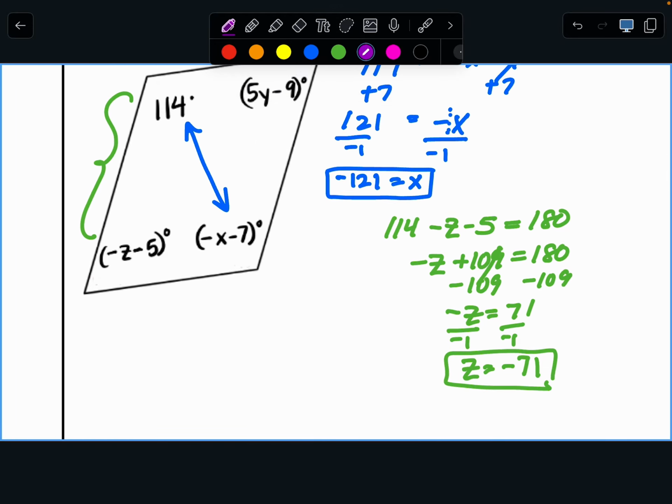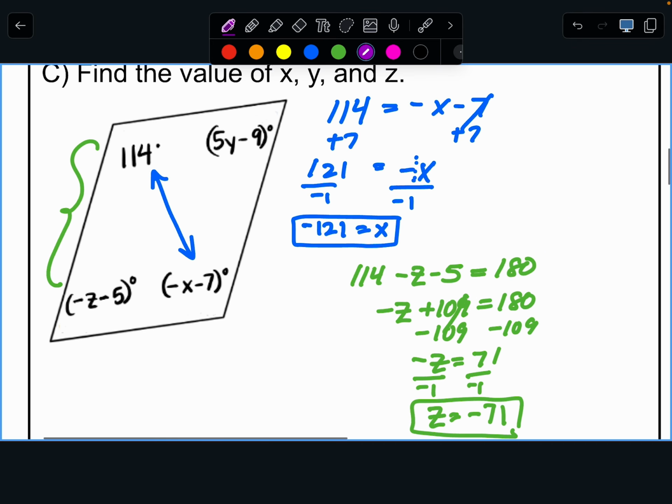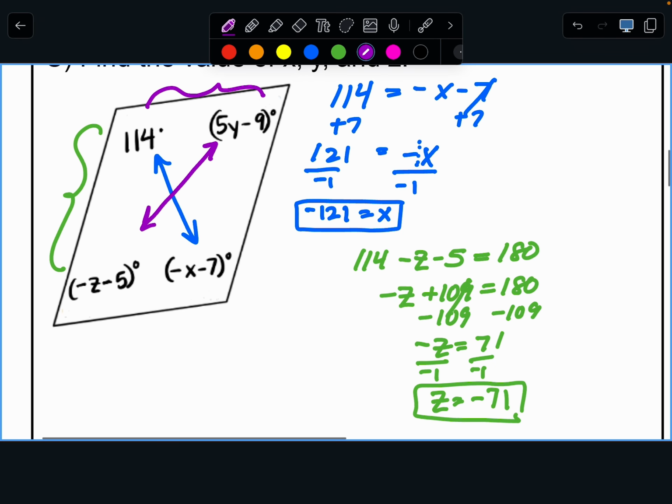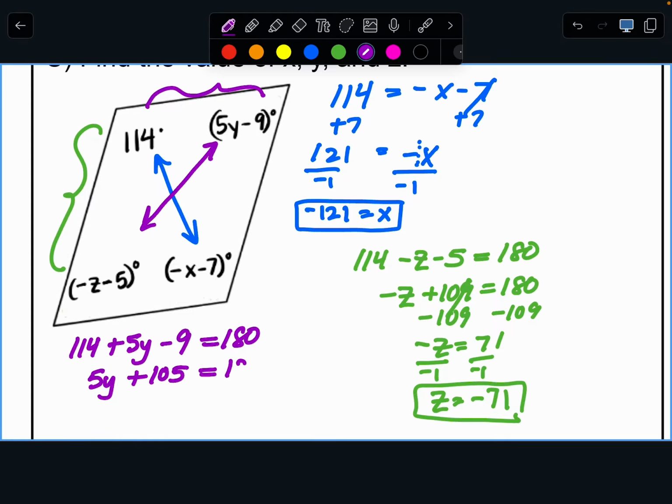So to find y, I can do a couple things. I can either say that these are congruent, or I can say that these are supplementary. That one works better for me. 114 plus 5y minus 9 equals 180. 5y plus 105 equals 180.